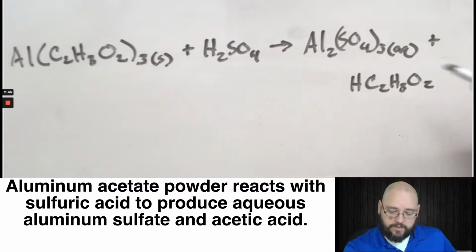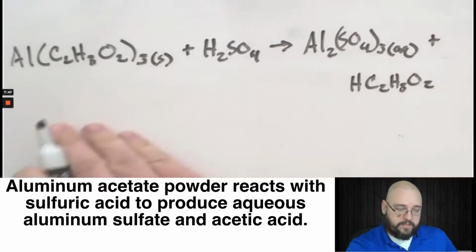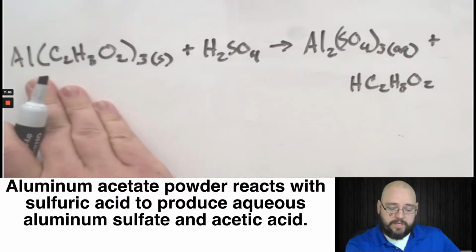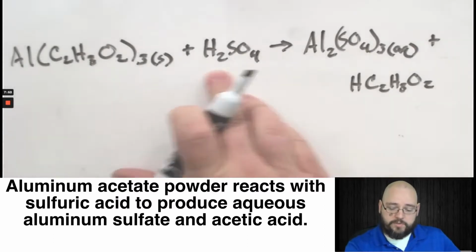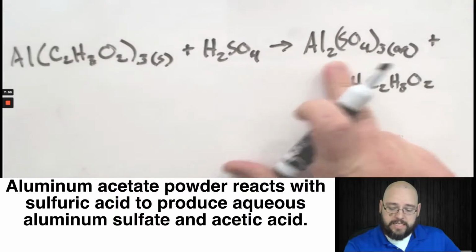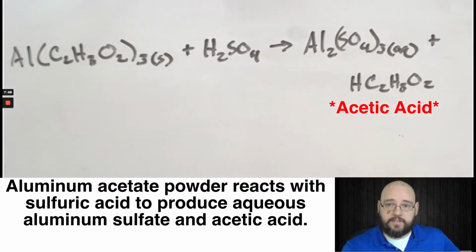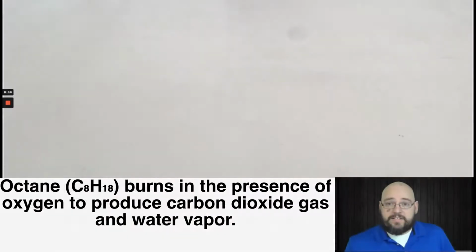All right, so there is our skeleton equation from that word equation. Aluminum acetate, solid, reacts with sulfuric acid to produce an aqueous aluminum sulfate and acetic acid. So that's that example.